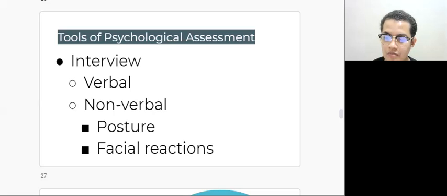So we may take note of the body language as well as the verbal and non-verbal manifestations. You may observe some aspects such as the facial expressions and some mannerisms of the person, and these factors cannot be easily determined in self-report inventories or tests.